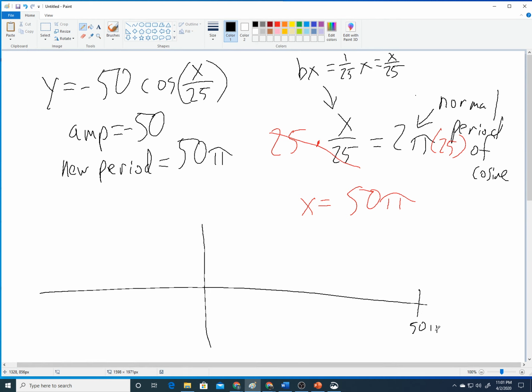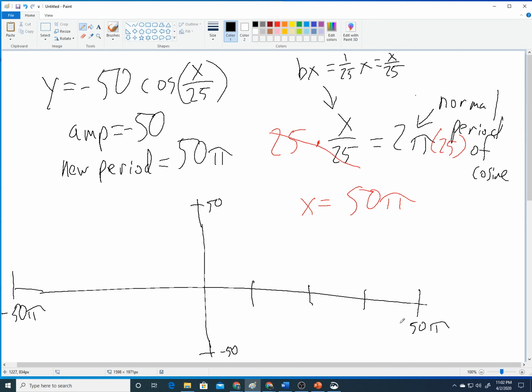So 50 pi here. Over here, negative 50 pi. And I know I'm going to go up to 50 at my maximum, down to negative 50. And then on my x-axis, I know that I'm going to want to divide it evenly into 4 pieces.